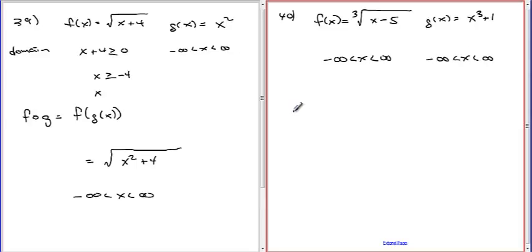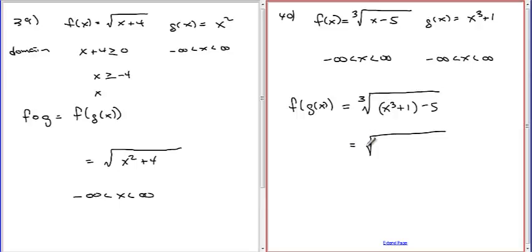Now, when you do the composite function, f of g of x, what you do is you stick in, for x, you plug in x cubed plus 1. So we end up with the cube root of x cubed plus 1 minus 5. And you can simplify that down to the cube root of x cubed minus 4. And for the same reason, the argument of a cube root can be all real numbers.